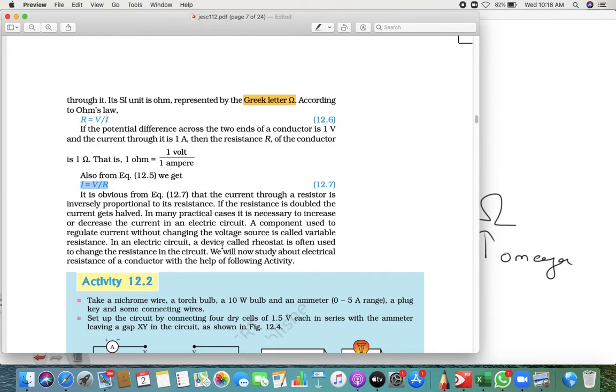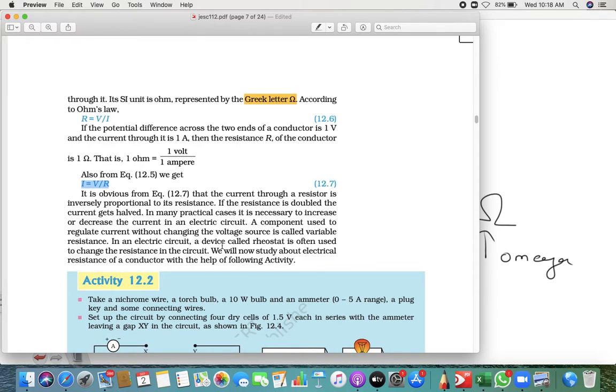When it is inversely proportional, if you double the resistance, the current will be half. From the equation we can say that they are inversely proportional.